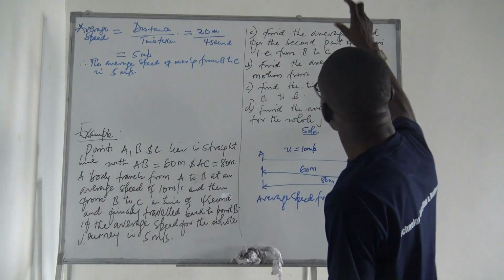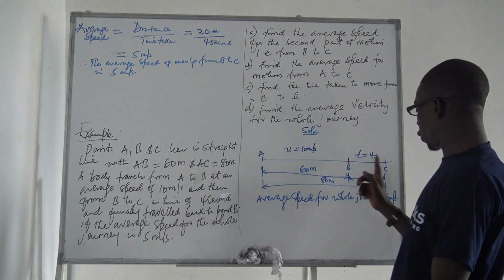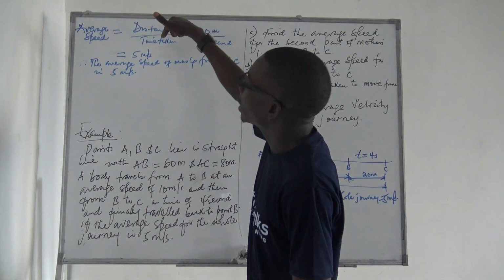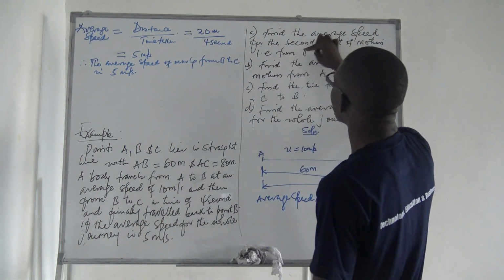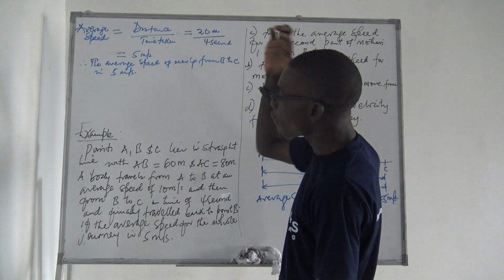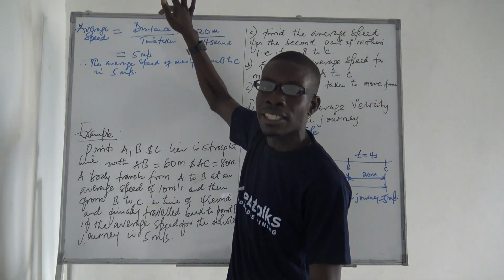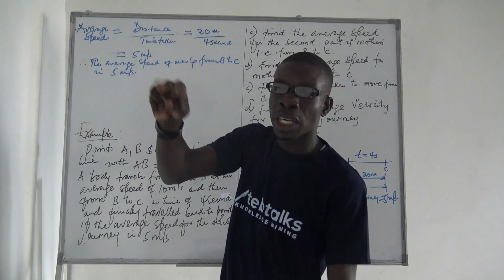We say to calculate the average speed of moving from B to C, we should use the formula that average speed is distance over time. By the fact that we are looking at the average of B to C, our distance here should be distance BC.